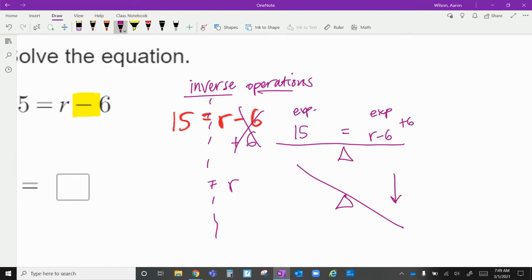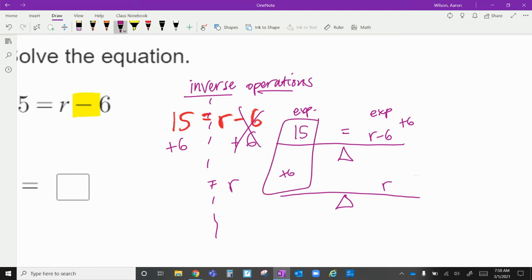Whatever you do to one side, you have to do to the other. So if we add 6 on the left side, that balances our scale back out. The r remains by itself, and all we have to do is figure out what 15 plus 6 is. Well, 15 plus 6 is 21. So the scale will be balanced when 21 is the value of r.